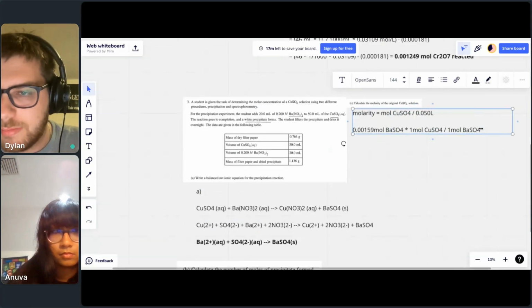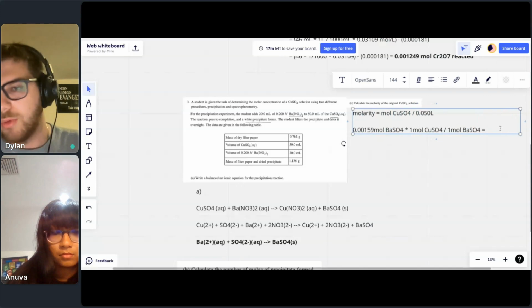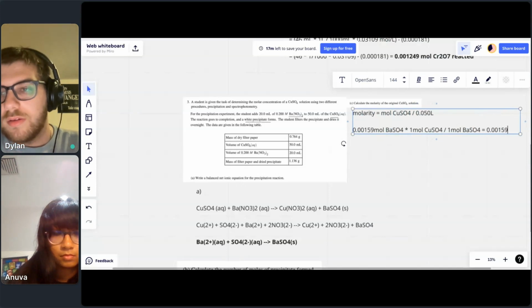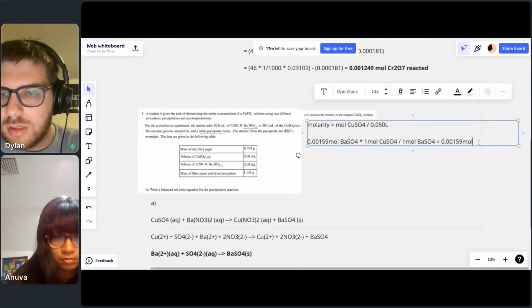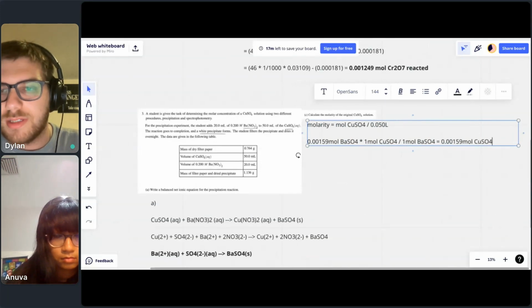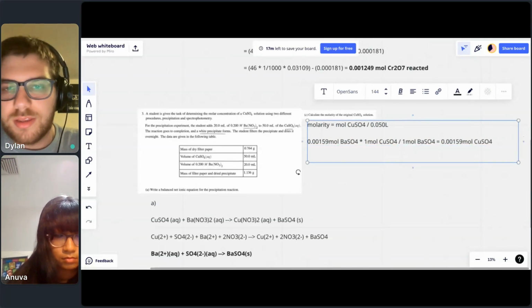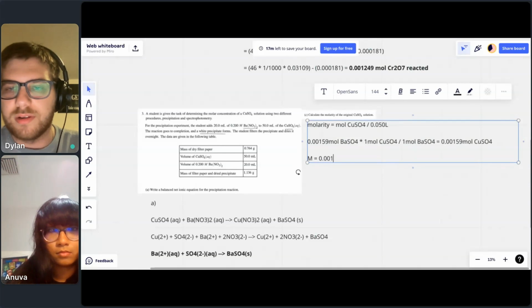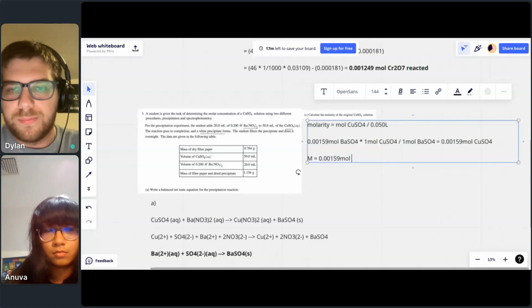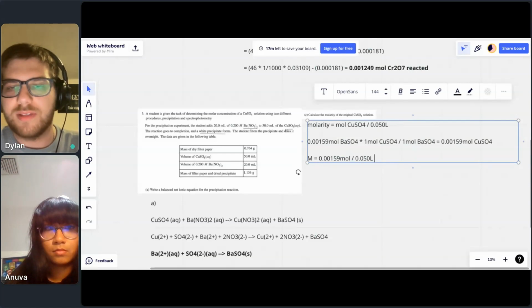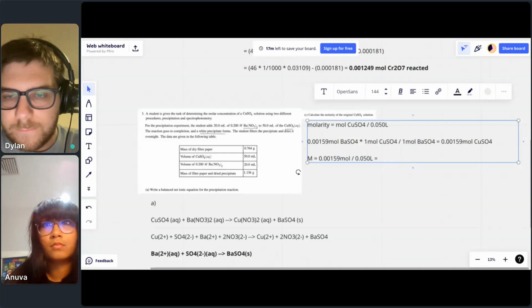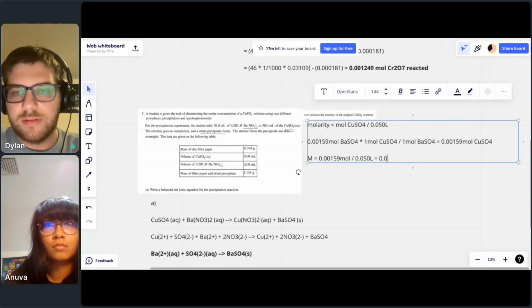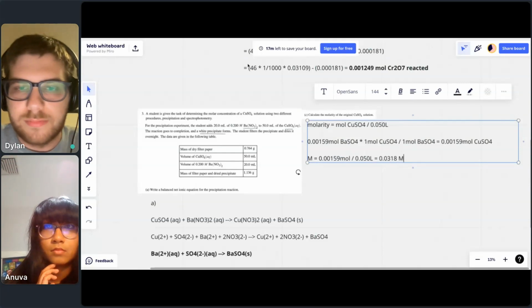That's just stoichiometry, so we can multiply by 1. We had 0.00159 moles of copper sulfate present in the solution. Therefore, molarity is 0.00159 moles per 0.05 liter, which gets us a molarity of 0.0318 moles per liter.